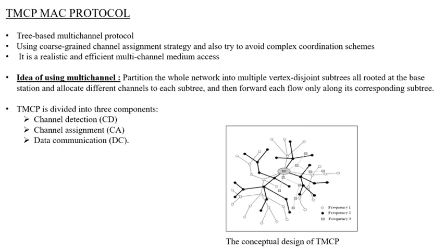To solve this issue, TMCP is used for data collection applications in WSNs, and it is a realistic and efficient multi-channel medium access protocol for WSN. The idea of using multi-channel is to partition the whole network into multiple vertex-disjoint subtrees, all rooted at the base station, and allocate different channels to each subtree, and then forward each flow only along its corresponding subtree as shown in the figure.